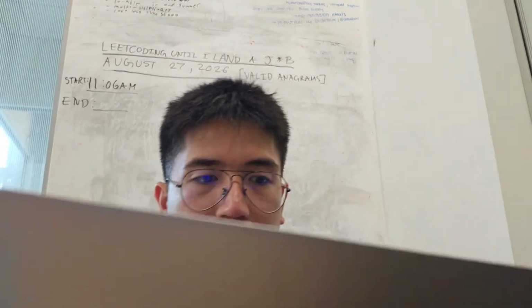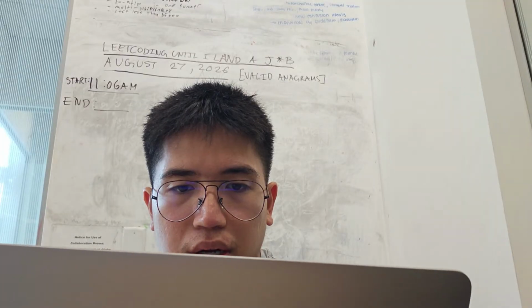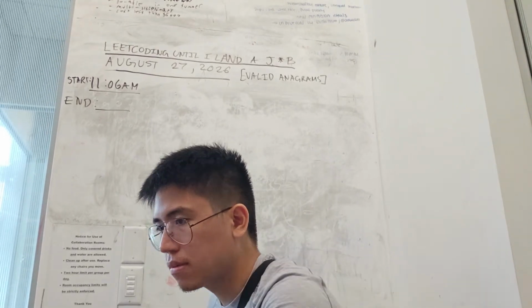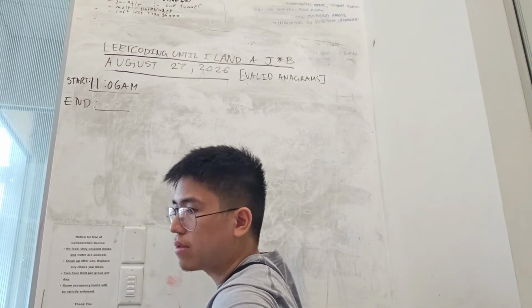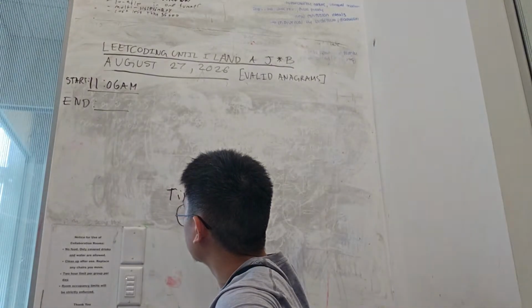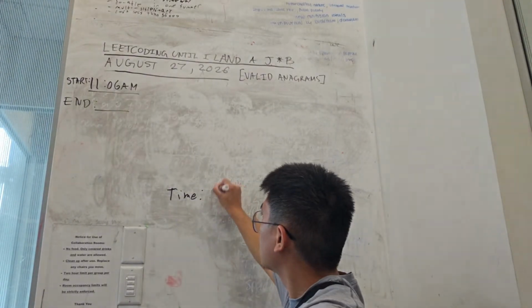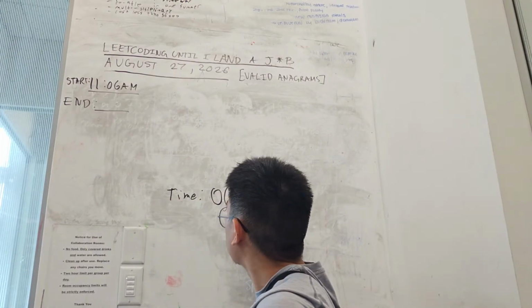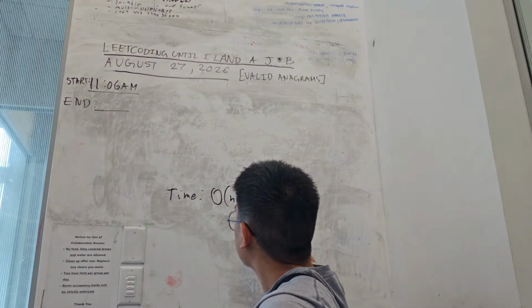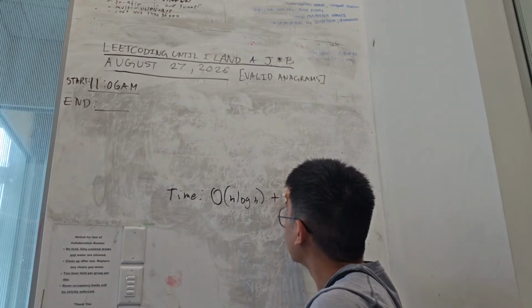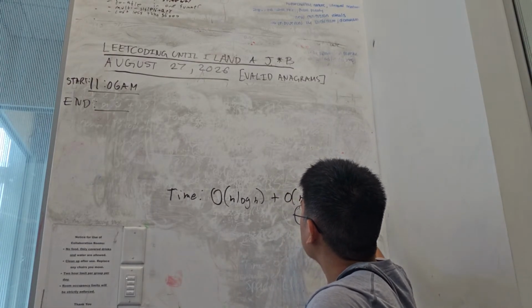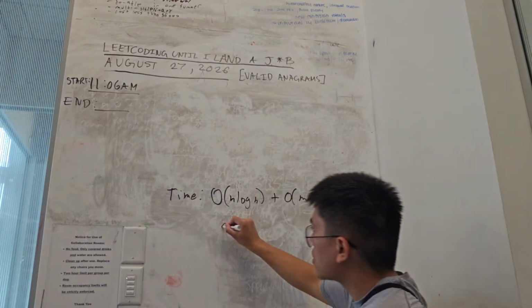Okay, sorting S is n log n. Sorting T is m log m. So the time is n log n plus m log m.